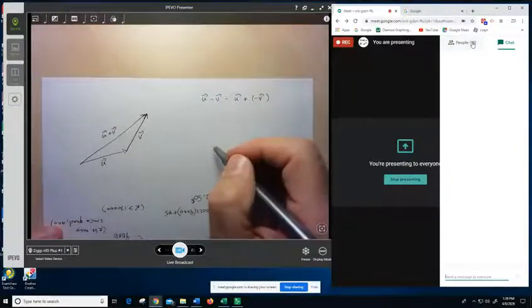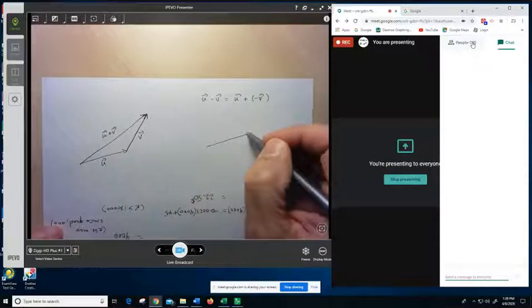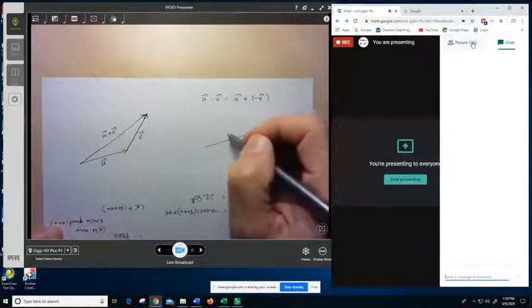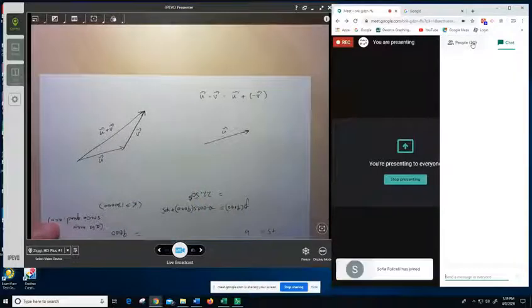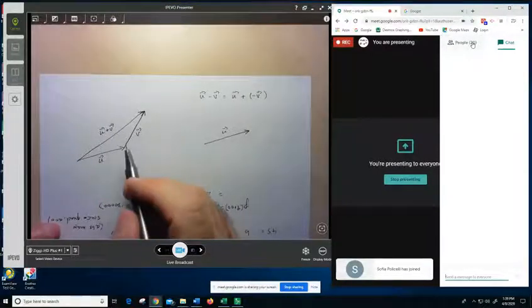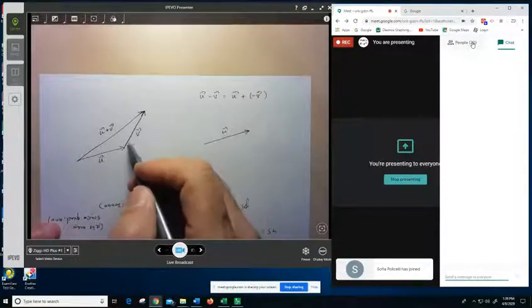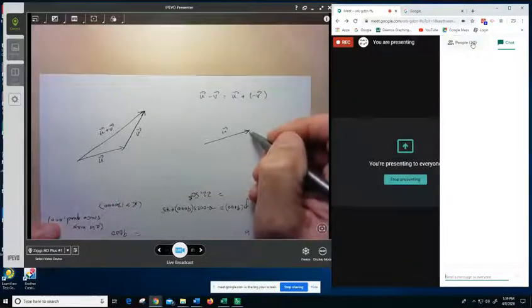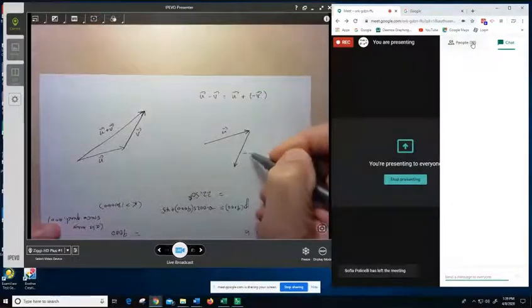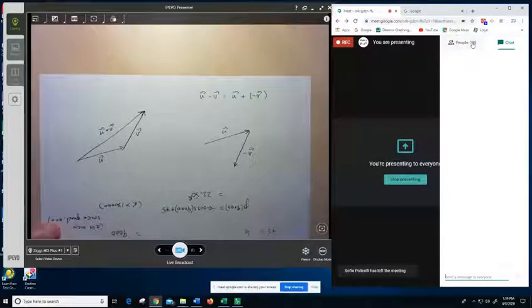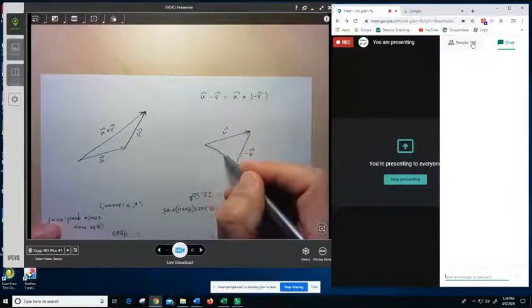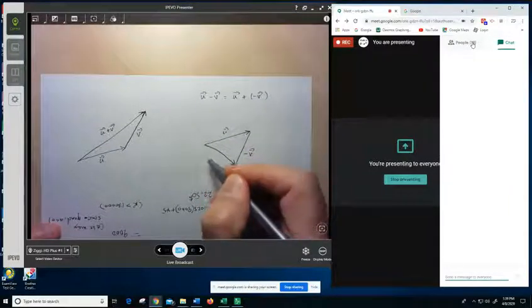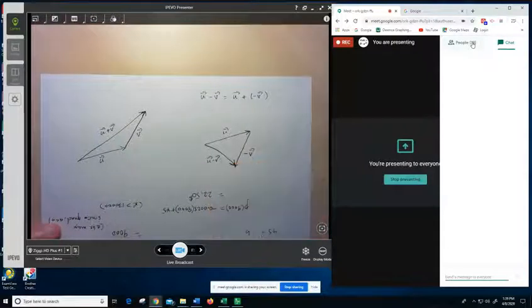So here's my vector u, and I would be adding negative v, which is just v going in the other direction. I follow the same rule as always for addition, from the tail of the first vector to the tip of the second. That would be u minus v.